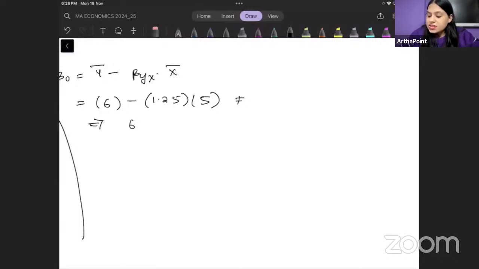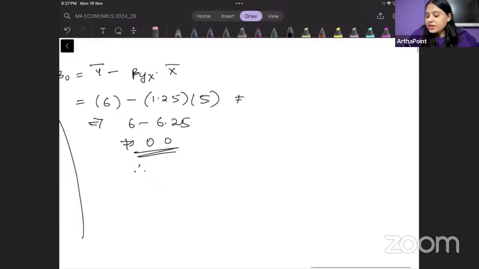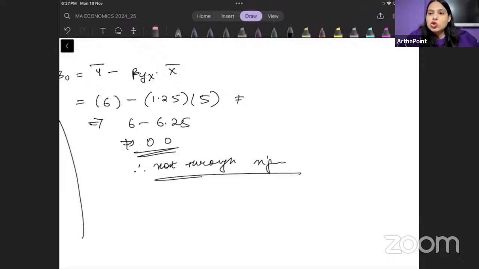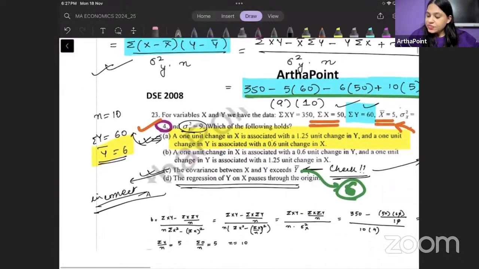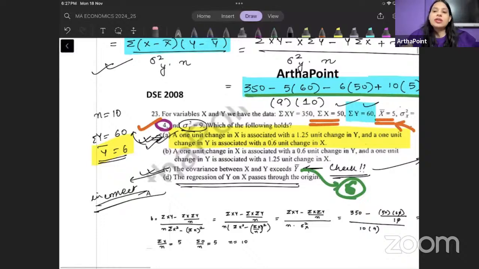Right? So I will get 6 minus 6.25, which is not equal to 0. Therefore, we can go ahead and say that the regression is not through origin. The intercept term is not 0. Right? So the only thing we see here is that option A is correct.